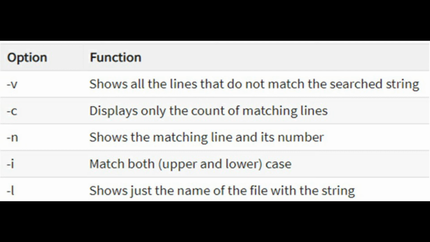Apart from that, we have the option -i, which matches both the uppercase and lowercase strings specified in a given instruction. Apart from that, you have the option -l, which shows just the name of the file with the string. So these are some of the options that you can use along with the grep command.